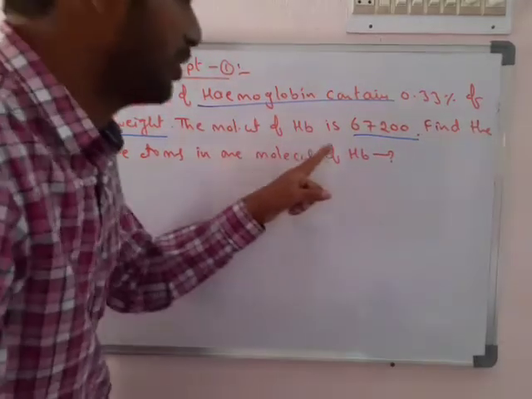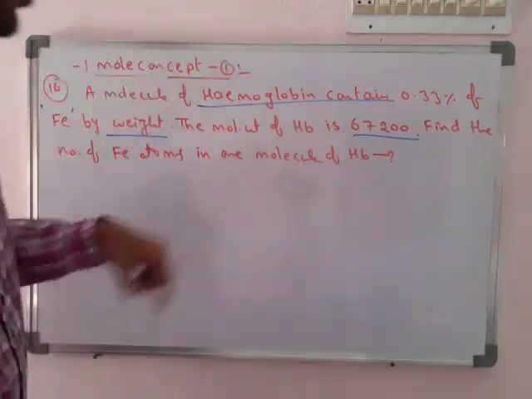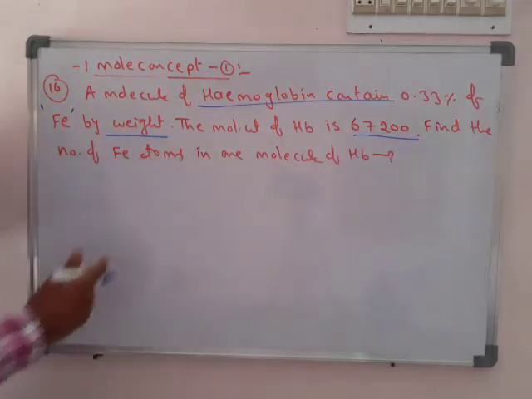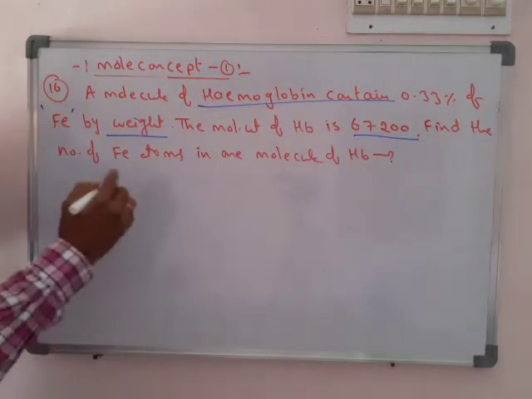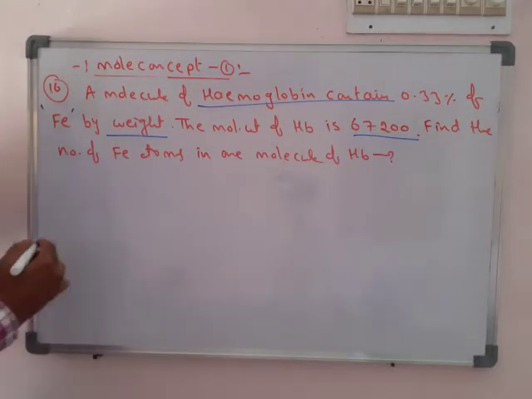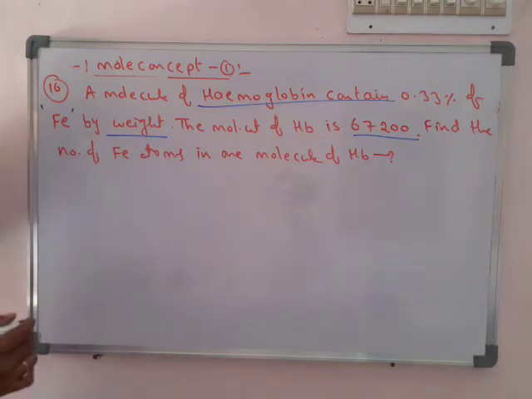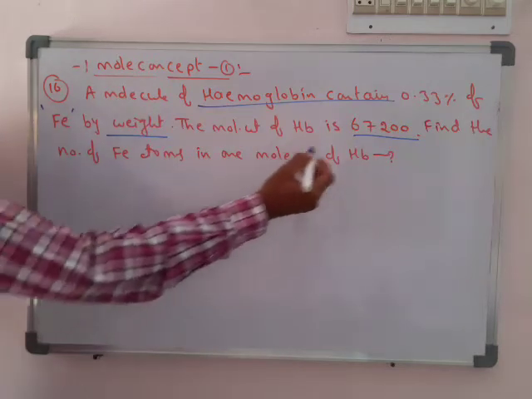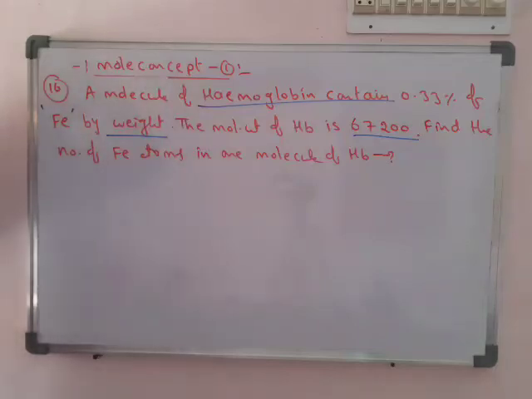So manaki one molecular weight ichchindi. Okay, so molecular weight of hemoglobin is 67,200 and one molecule. So one mole molecules ikkada weight how much? 67,200.